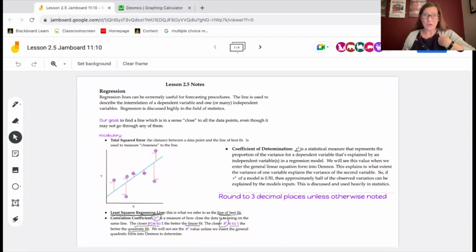We're just not going to tackle it in our class because we need to know a little bit more about statistics and their effects on one another before we can go there. But just know that little r squared is there, but we're looking for little r and big R squared in our notes. And unless otherwise noted, round to 3 decimal places for accuracy.